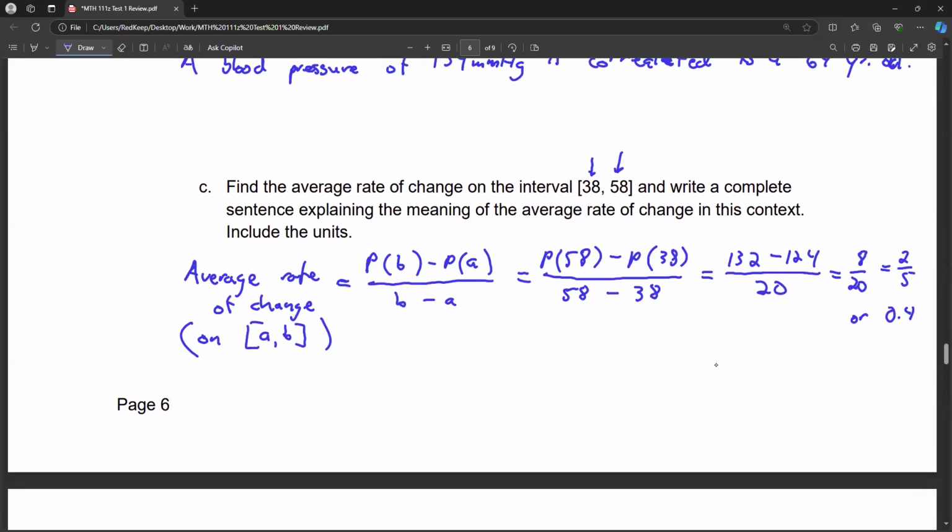So what your sentence might look like, here's one potential. The average rate of change of blood pressure, maybe I'll just say BP for sake of time, increases.